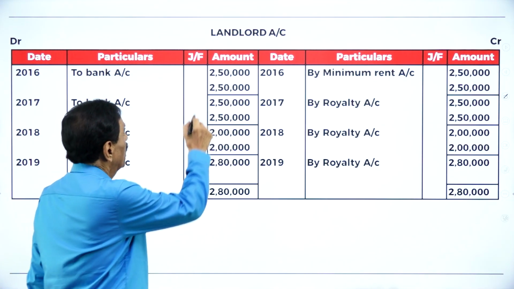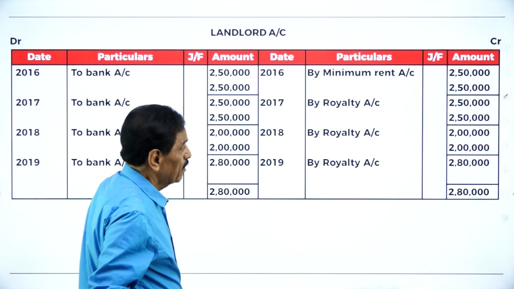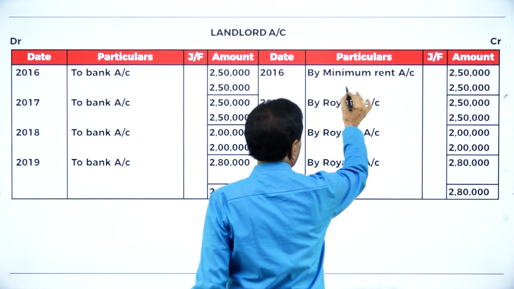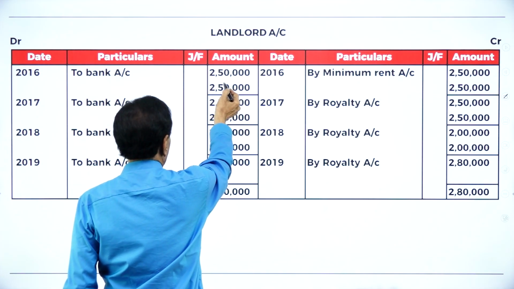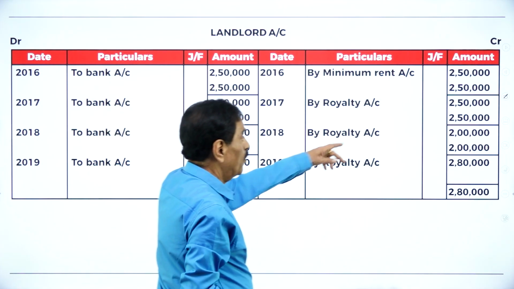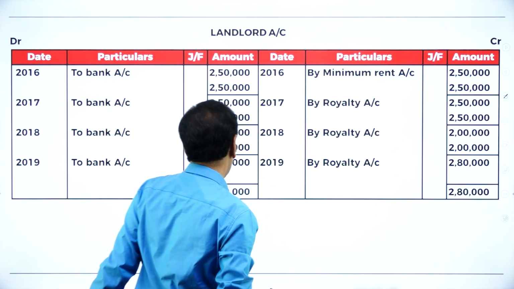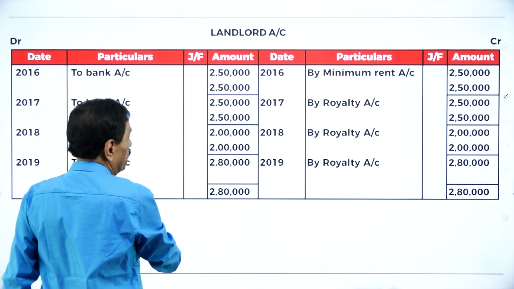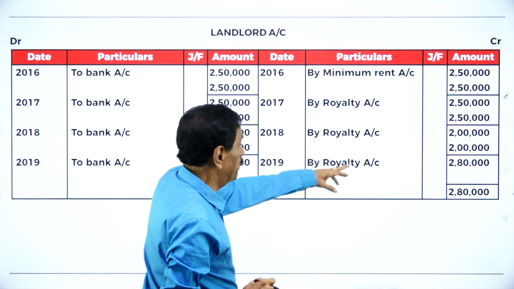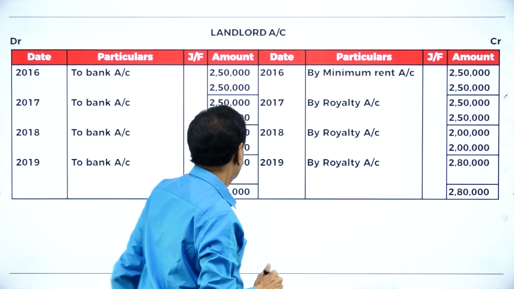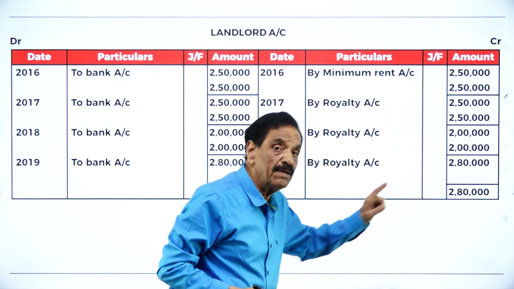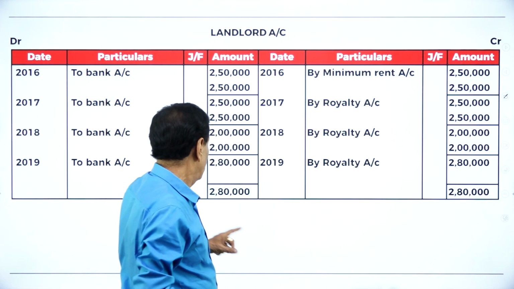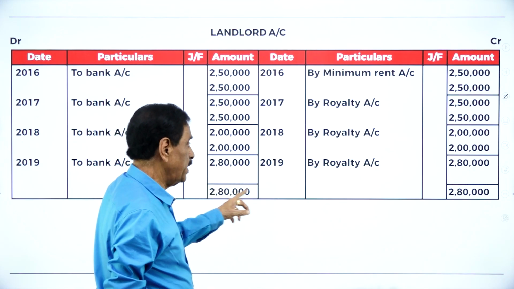Come back. Landlord account. What's the entry? Minimum rent account debit to landlord account. So we are paying 2,50,000. What are you paying? Minimum rent. Second year, you are paying once again 2,50,000. What is that? It is nothing but the royalty. Third year, how much are you paying? 2 lakh. What are you paying? That is a royalty. First year, only the minimum. Fourth year, how much are you paying? 2,80,000.